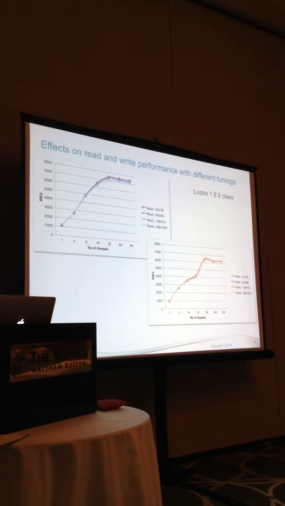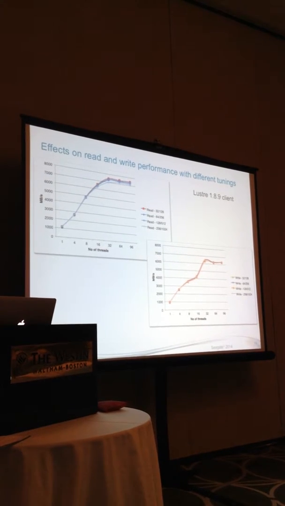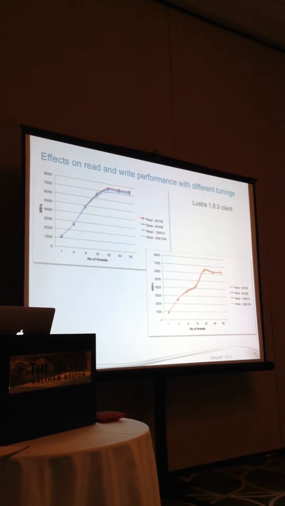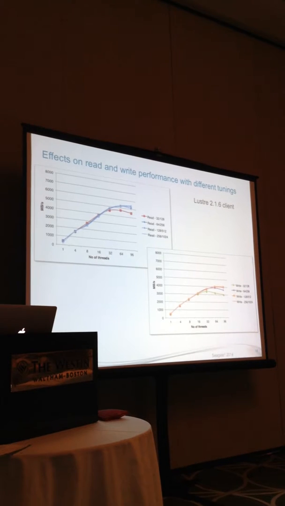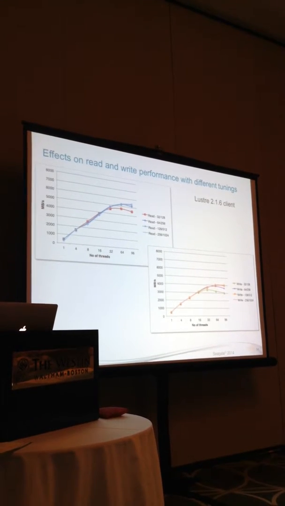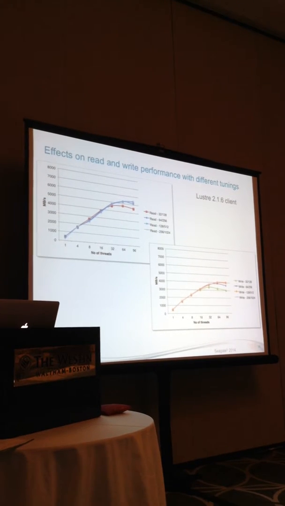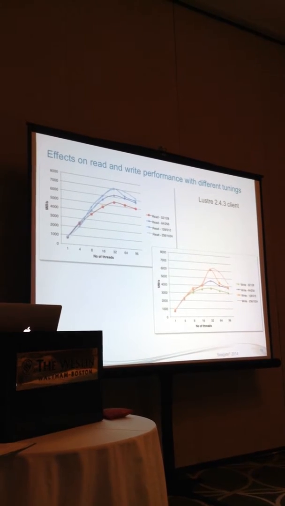It is still the one that actually performs best on that system for both reads and for writes. So that wasn't really a big surprise. I do have a slide on 2.1.6, but it's so bad I won't even spend time on it. Now we went into the 243. Okay?